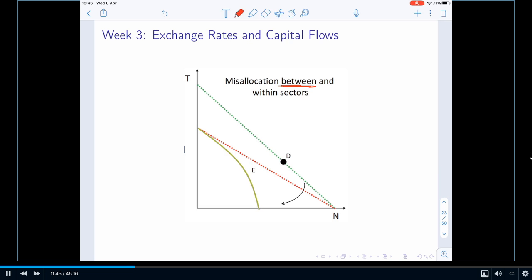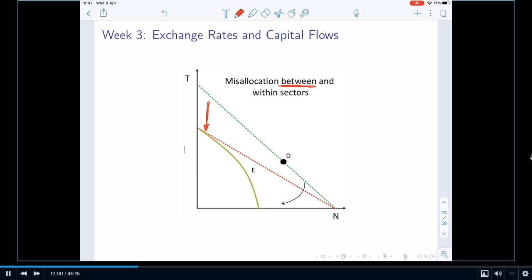What does that mean? Well, here we're showing that with a pivot down of this green dotted line to this red line. Why? Well, the basic idea is that the non-tradable or construction sector was favored relative to the tradable sector.